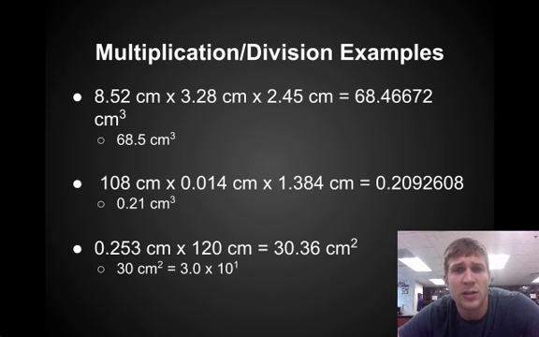So what I can do is change it to use scientific notation. So I change from 30 centimeters squared to 3.0 times 10 to the 1 centimeters squared. Those two are the same values, but 3.0 times 10 to the 1 has 2 significant figures because there's a trailing 0 after a decimal point.